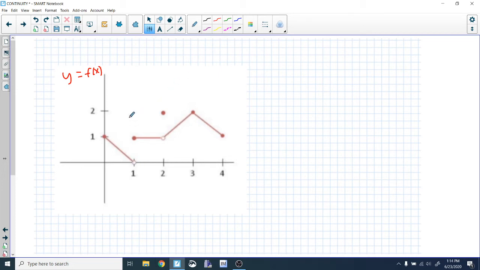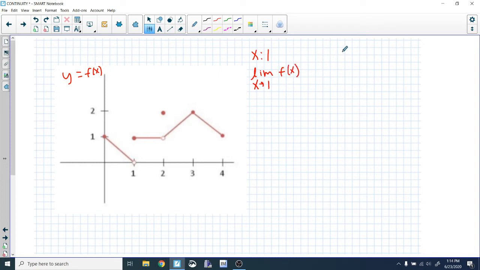And at first I'm going to look at x equals 1. What's going on there? Because I can definitely see from the graph that there's a discontinuity. Okay, I want to show you with the definition of continuity at a point what type of discontinuity it is. So what I'm going to do is first start with my limit as x approaches 1 of f of x.